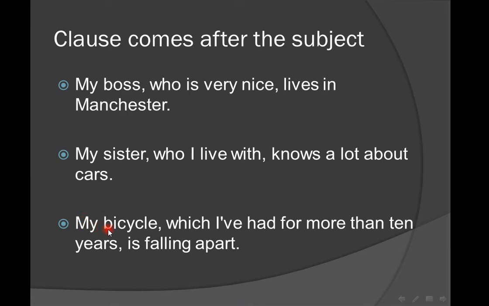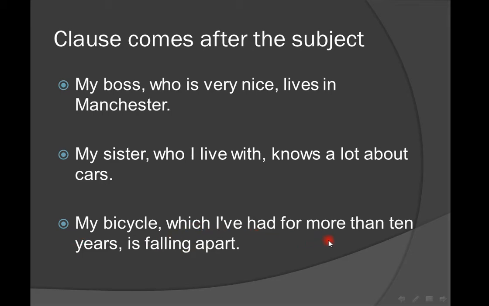My bicycle, which I've had for more than 10 years, is falling apart. I can say my bicycle is falling apart. دراجتي نستطيع أن نقول falling apart doesn't mean تسقط إلى أجزاء، وإنما معناها تتحطم أو تتقادم. Okay?